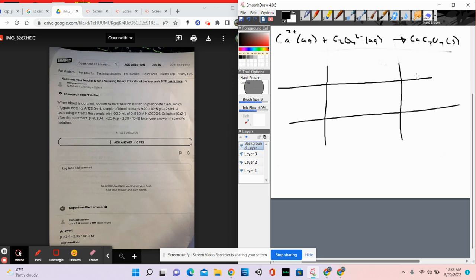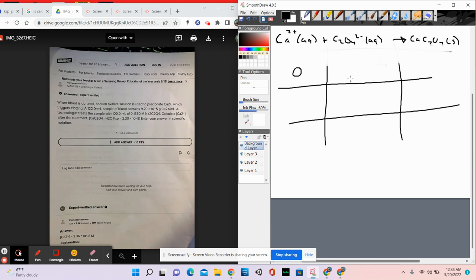Currently we have zero calcium remaining because all of that calcium was put into the calcium oxalate. So we have none of that initially.